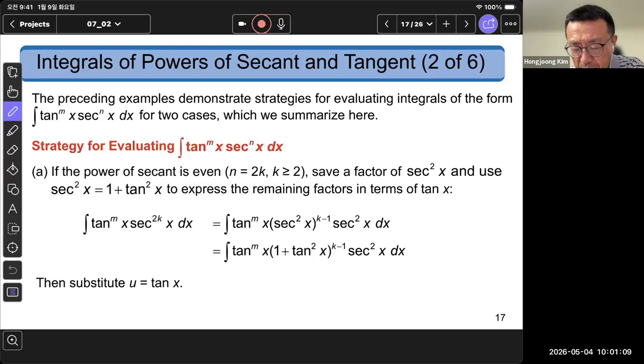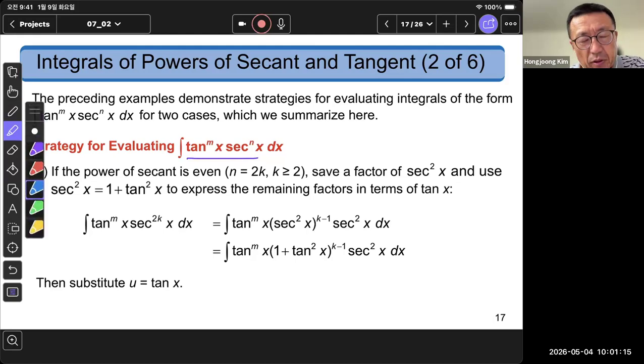Given this product as your integrand, and as I said, similarly to the sine and cosine, the angles are the same, not tangent 2x times secant 3x type. We have tangent x to the mth power multiplied by secant x to the nth power.